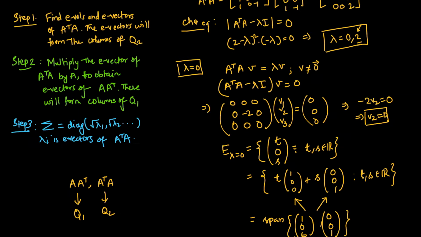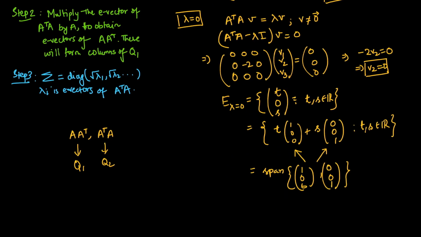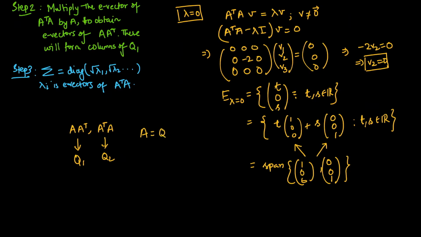So one way to remove the confusion is that if I write A to be Q1 sigma Q2 transpose, that means A transpose A will be Q2 sigma transpose sigma times Q2 transpose, right? Now sigma transpose sigma is a diagonal matrix containing the eigenvalues of A transpose A, and Q2 contains the eigenvectors of A transpose A.